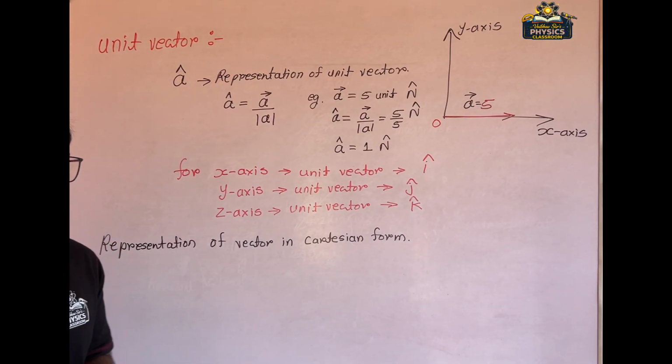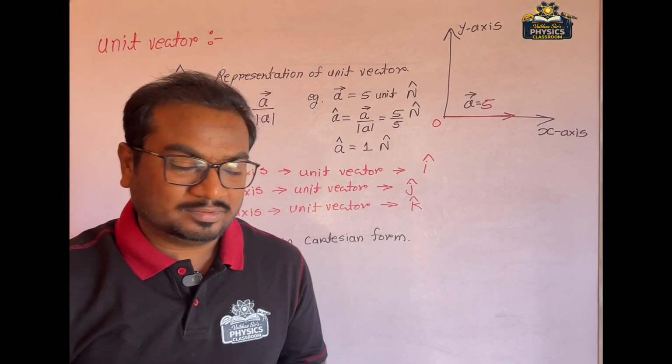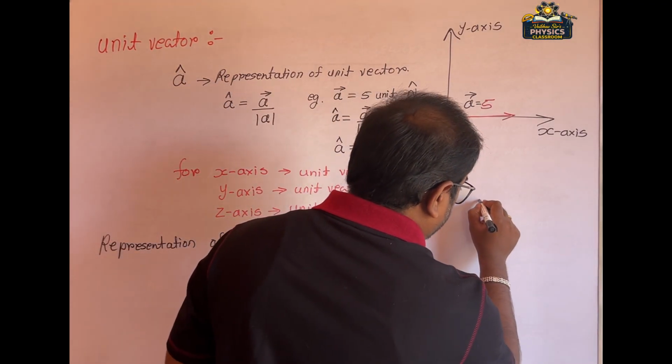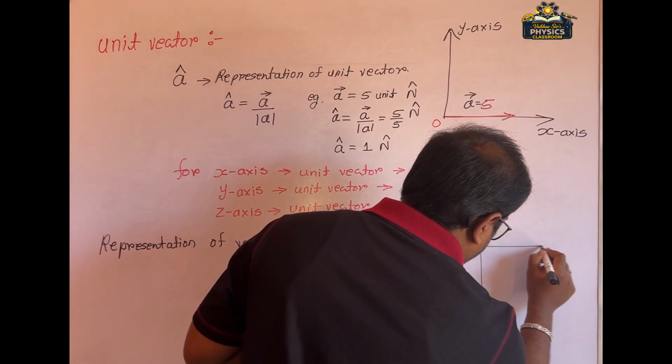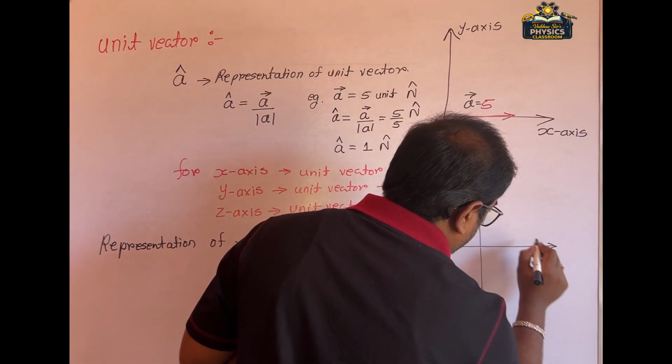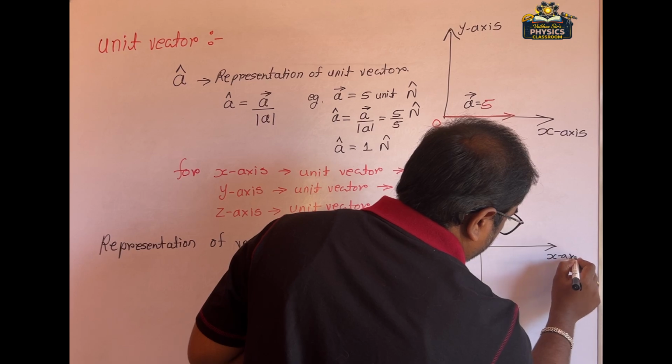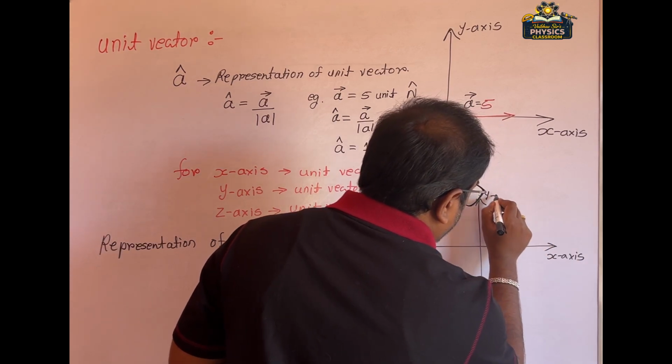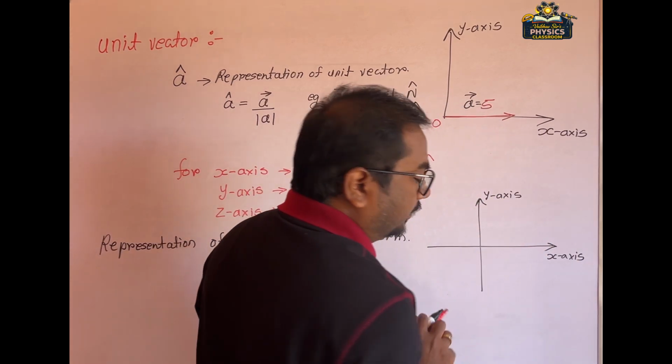You all know the number line, right? So what is a number line? This is the x-axis, this is the y-axis.